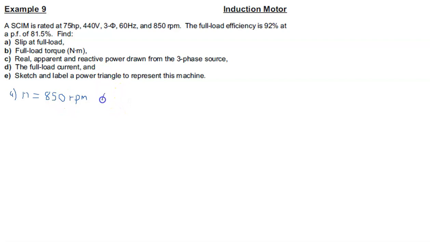We know that the slip is generally a relatively small number, 4 to 6%, and so NS here is greater than N, not by a large amount.